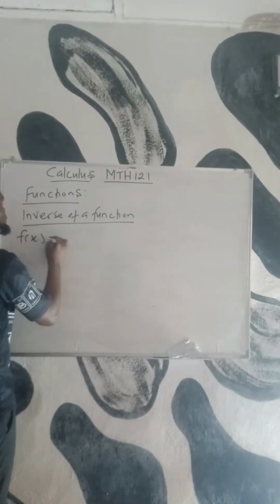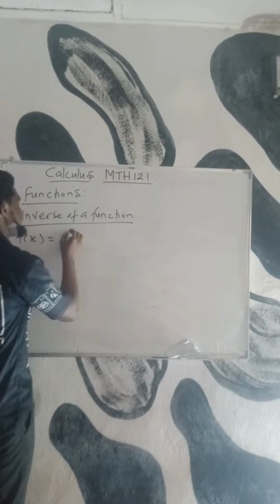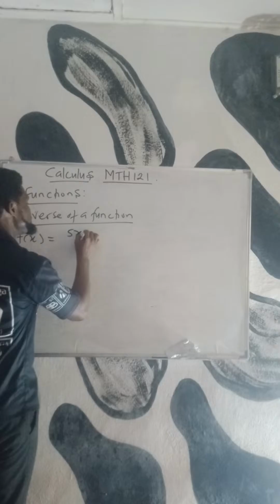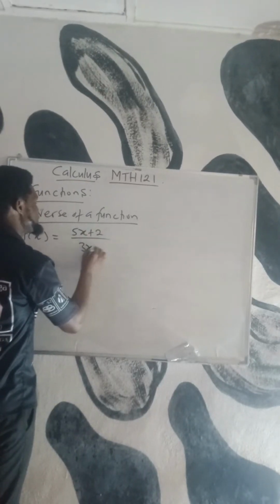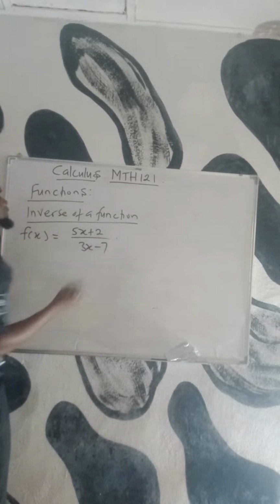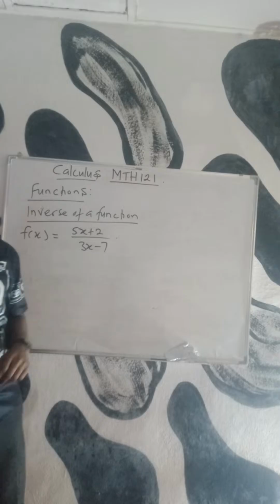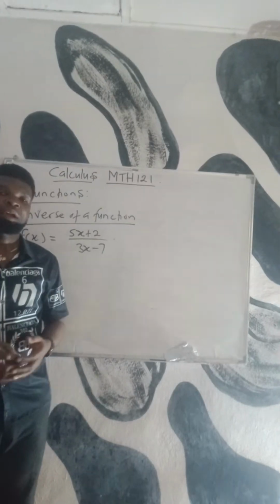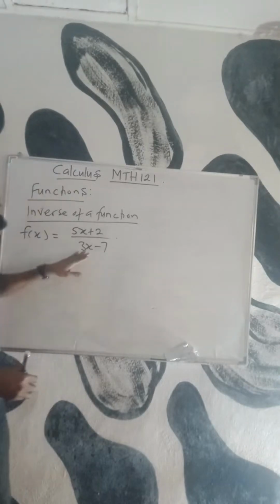Now let us see, if I have a function f of x to be maybe 3x plus something over x plus 2, let us find the inverse of a rational function.